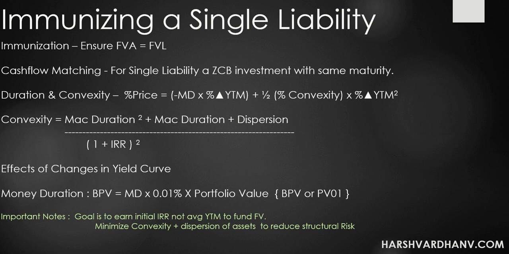So the greater the dispersion, greater is the convexity. So if you want to increase the convexity of the portfolio, you will choose an asset which has a greater dispersion or a greater duration or a lower IRR, because then you want to increase the convexity, right? So this is just a formula description. The use of dispersion will come in the techniques that we'll learn ahead. But this is the breakdown of the formula.